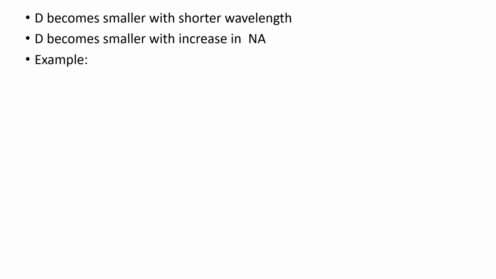But why are we so concerned about making d small? Let's take an example. There are two lenses, L1 and L2, and two specimens, S1 and S2.